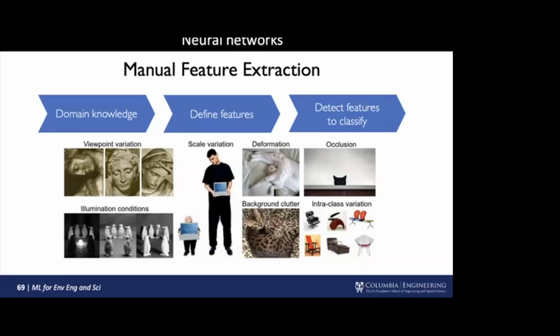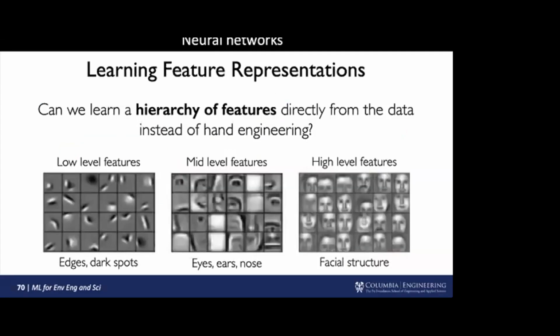Specifically, the topic we are discussing now, convolutional neural networks or CNNs. Okay, so the key question here is, can we learn features directly from data instead of designing them by hand? This is exactly what neural networks do, especially CNNs. At low levels, like in the left image, the network learns simple features like edges or dark spots, right?